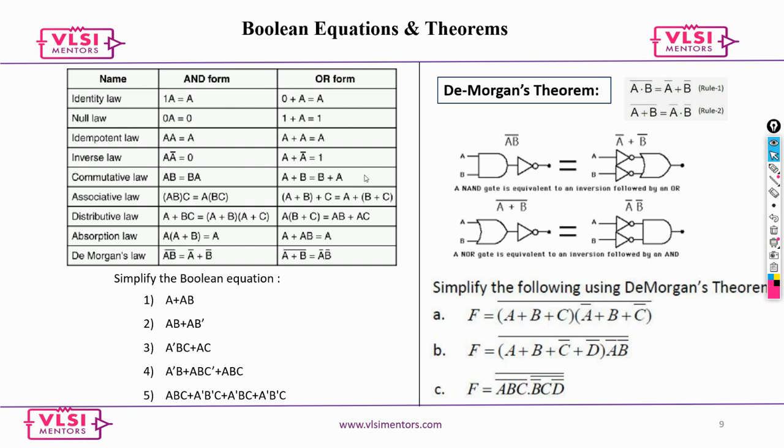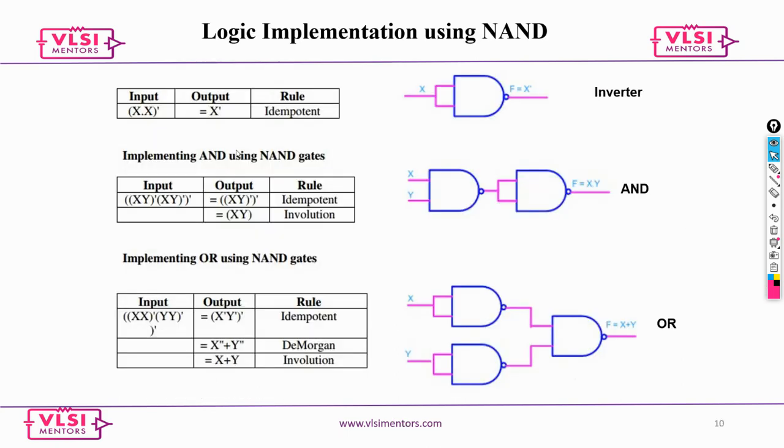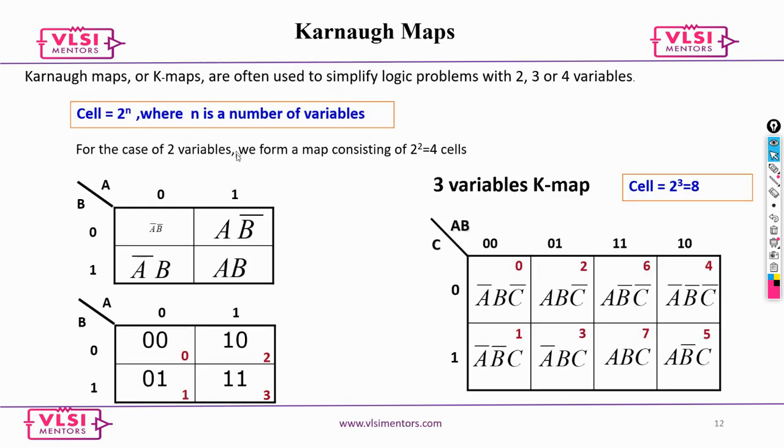Definitely you won't even know any of this if you are in the PD domain, because you are not the designer, and you are not developing the tool which would optimize the circuit and meet your PPA targets. So if someone gives you a circuit or a functionality, to solve that it is always better to use Karnaugh maps.